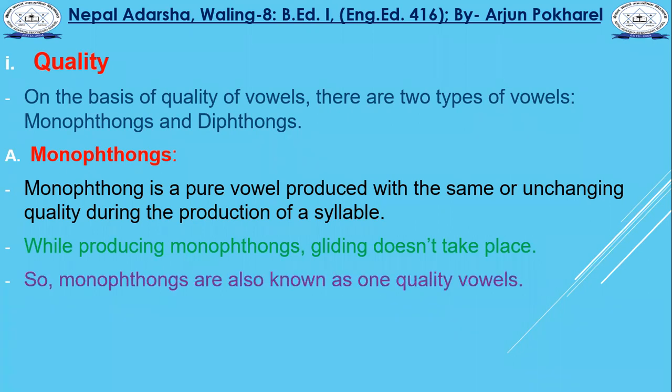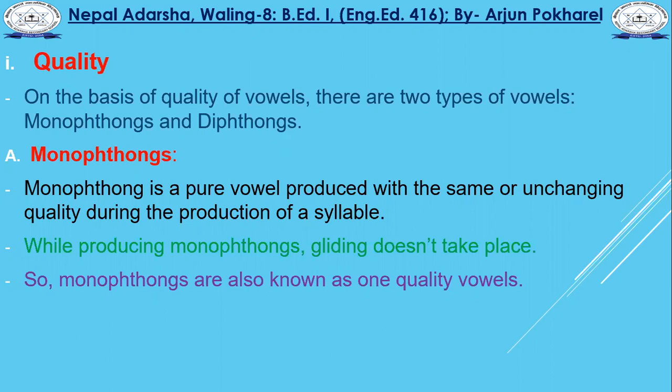Monophthongs are also known as one quality vowels, or single quality vowels. That is, if there is no gliding at all in their production, the quality is not changed.